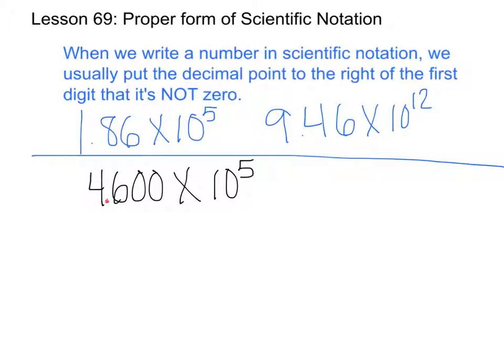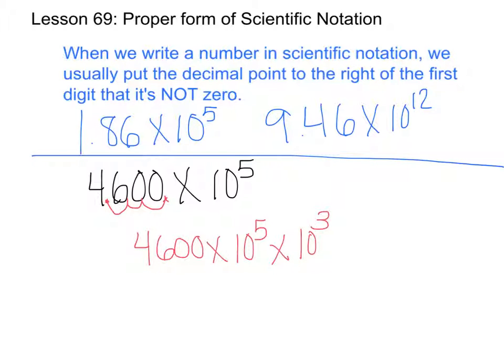But when I do that, I'm actually taking where my decimal point was, which was right here, and I moved it 1, 2, 3 more places to the left. So now what I have is 4.6 times 10 to the 5th power, and then I moved my decimal 3 more places, so I have times 10 to the 3rd power.